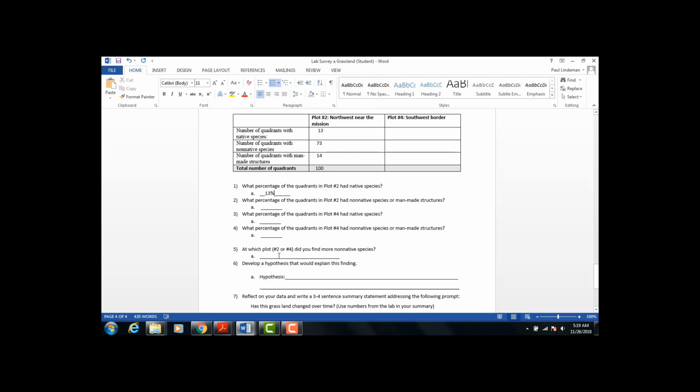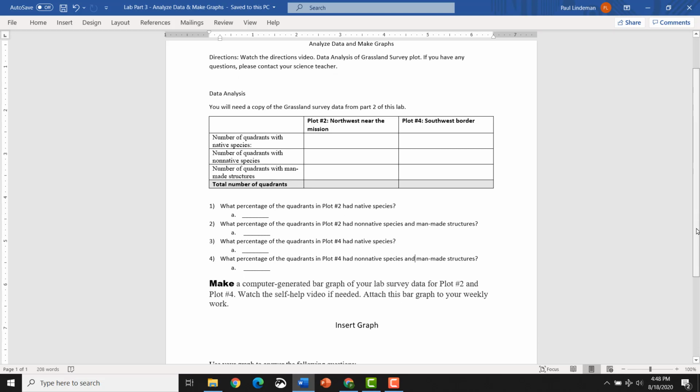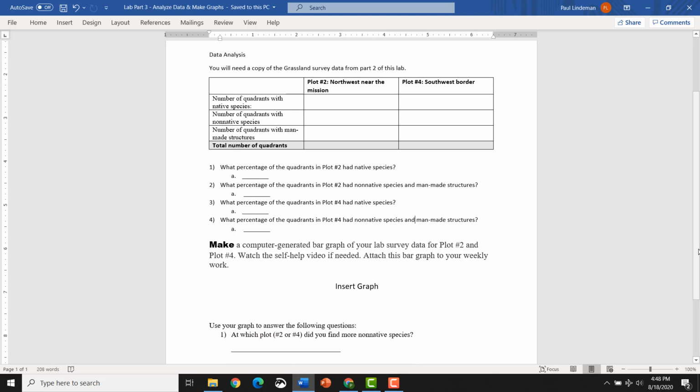Okay, then you would go ahead and do the same thing for quadrant 4. Now I'm leaving it up to you to get the numbers for plot 4 from your data, which hopefully you took a picture of before you submitted it. And something else, if you notice the worksheet that you have is different than the one on the video or was previously. So we have edited it so that this is a more recent edition.